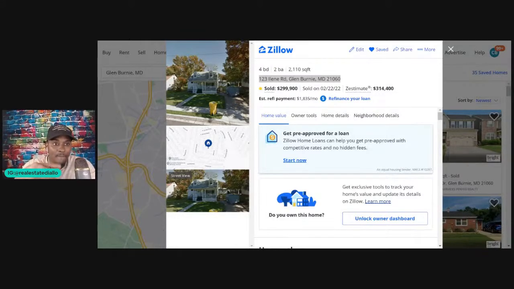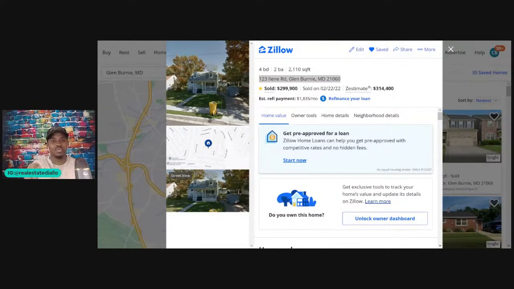That property, we still have it today, and the mortgage is being paid every single month on time by us, but the mortgage is still in that seller's name. This is Wells Fargo, so we're paying Wells Fargo every single month. We own deed and title, but the mortgage is still in the seller's name.